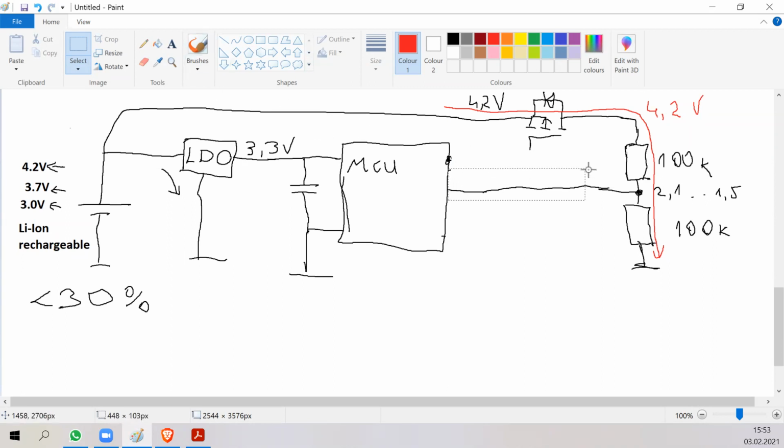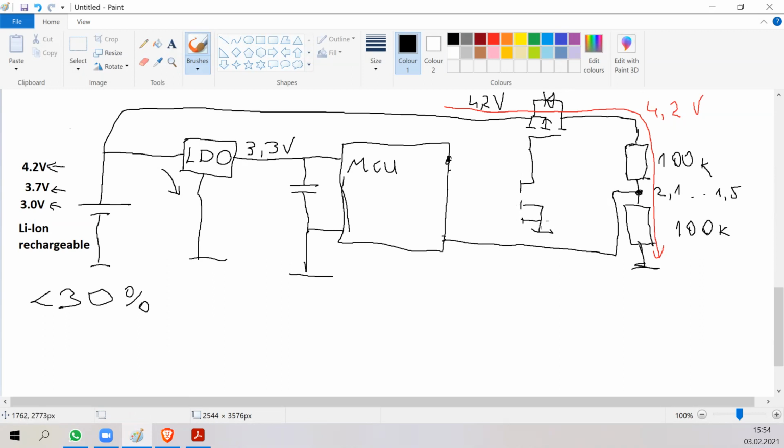Instead of connecting it to the microcontroller, we will connect the gate of this MOSFET to another N-channel MOSFET, and connect the N-channel MOSFET's pin like this to the microcontroller.